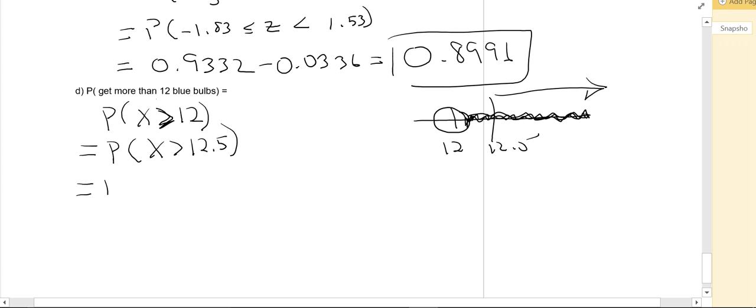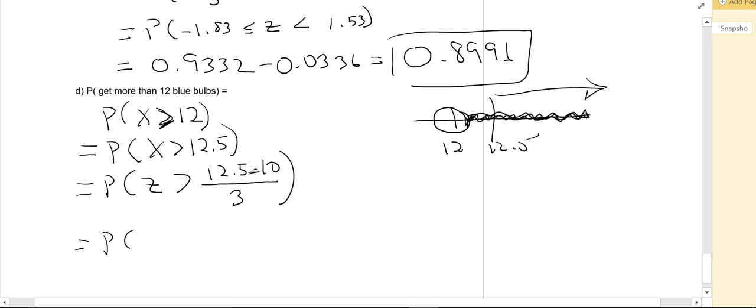I get to the normal table by subtracting the mean, divided by the standard deviation. I do my calculation, 0.83. This is the third scenario, the opposite of the table.